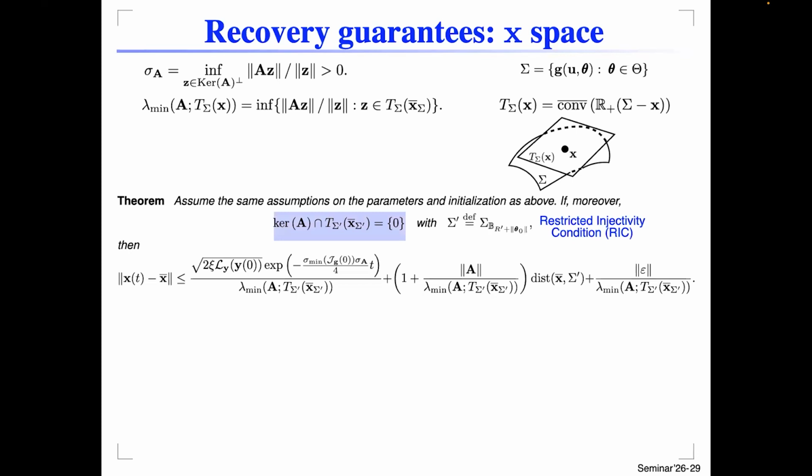Again, you have three errors. The first comes from optimization, your training. The second comes from approximation, because your model may or may not be expressive enough to give you exactly X bar or an approximation of it. And at the end, you have the noise error, because of course you don't have a perfect observation: you have an observation that depends on the noise.